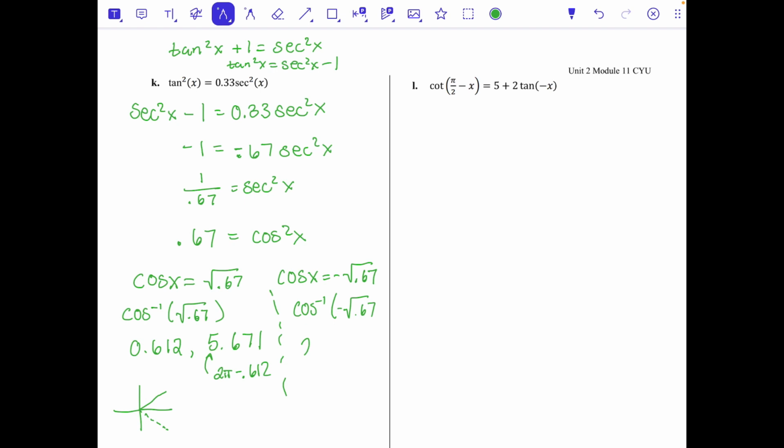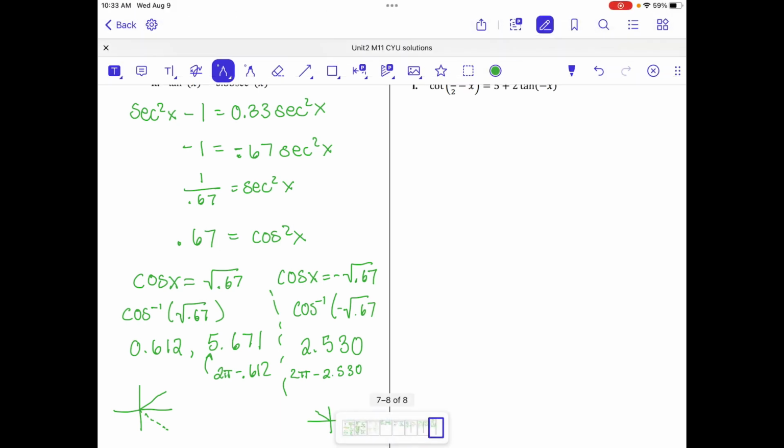And that's going to come out at 2.530. That would be an angle measure in quadrant 2, as we can see in this little drawing. And so to get the matching angle, we would go to quadrant 3. 2 pi minus that value would get me there, and it should come out at 3.754.